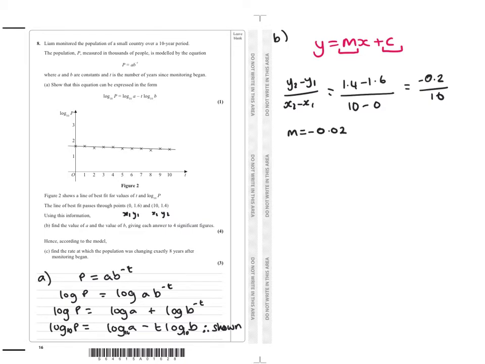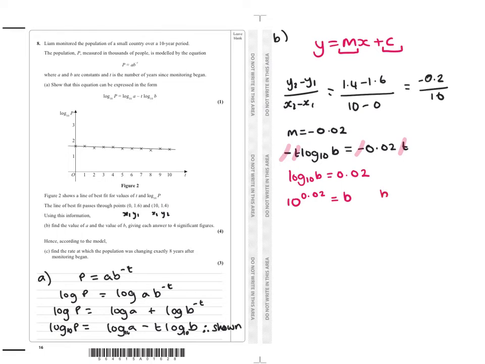Now we know the coefficient of t is our gradient. So our gradient is equal to minus t log 10 B equals minus 0.02t. Okay, so we can cancel the t's out and the negative. So that means our log to the base 10 of B equals 0.02. How do I find out what my B is? 10 to the power of 0.02 equals B.